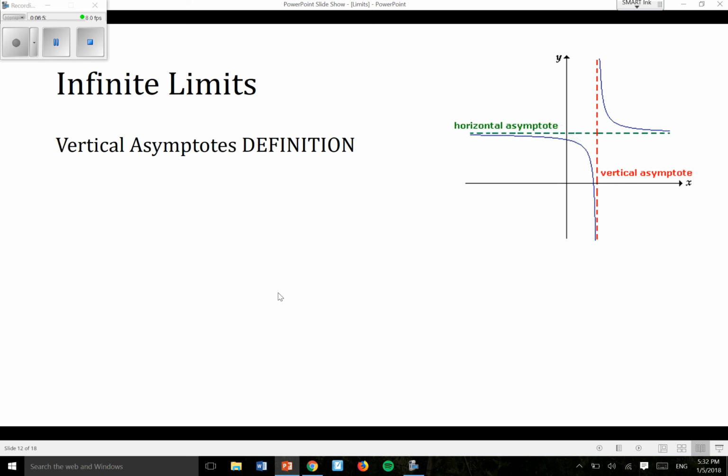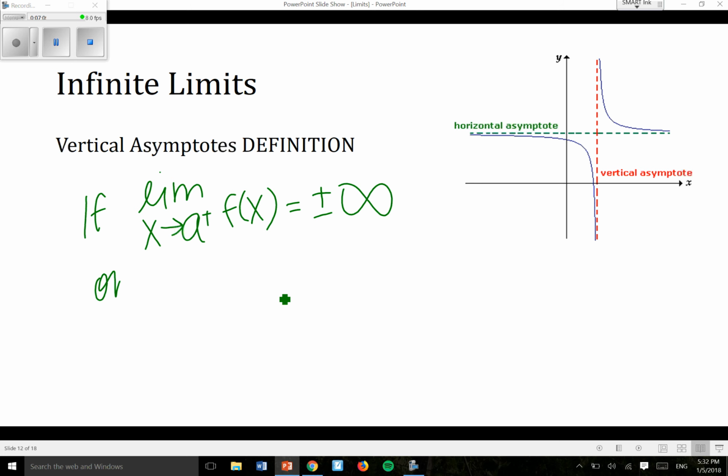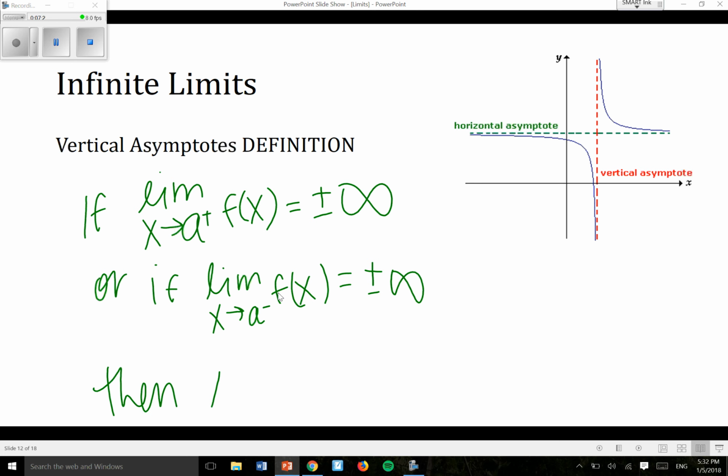Again, let's write down the formal definition of a vertical asymptote, which says that if the limit as x approaches some number from the right of your function equals positive or negative infinity, or if the limit as x approaches some number from the left of your function equals positive or negative infinity, then the vertical line x equals a is a vertical asymptote of your function.